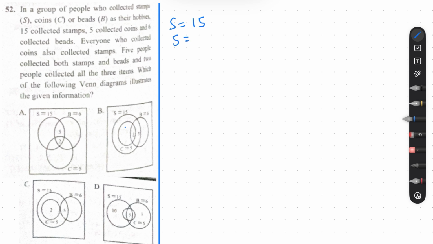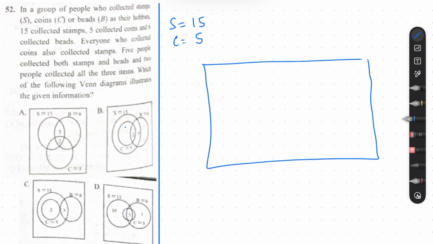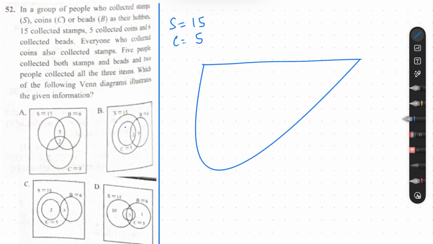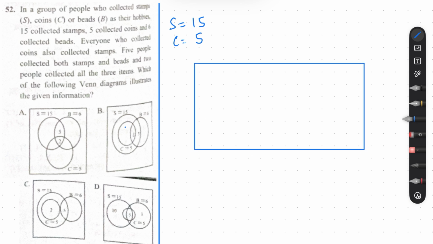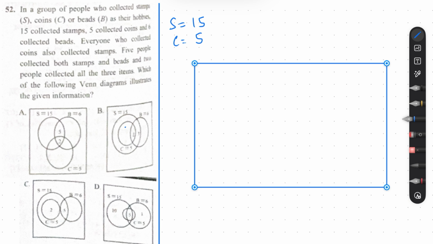Let me go back again. 5 collected stamps, and what else? Okay, so let's skip that for now, and let's draw a big rectangle. Let's open it a little bit.